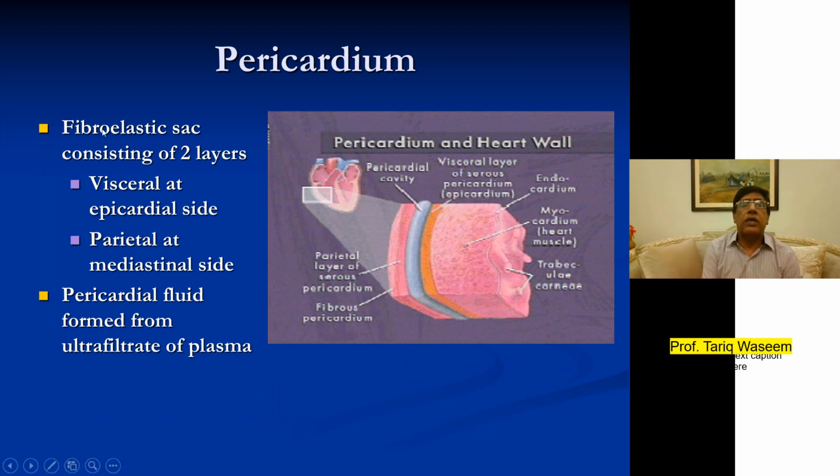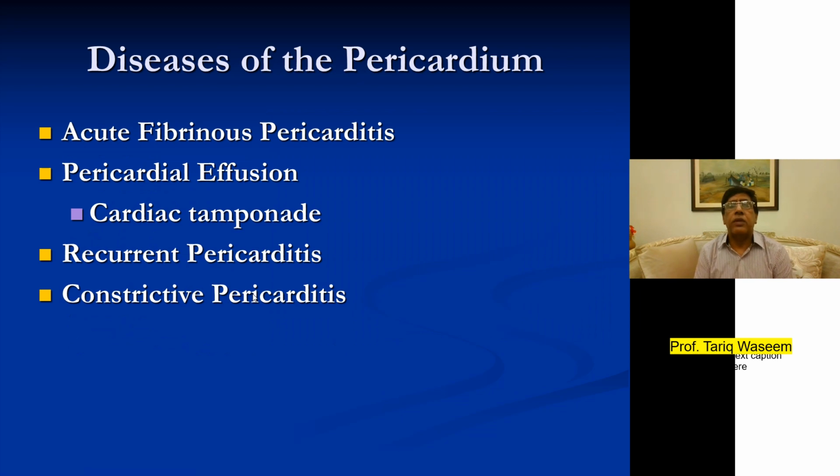Again, you notice that the pericardium is a fibroelastic sac with two layers. This one is the visceral layer, this one is the parietal layer, and this is the space in between. The ultrafiltrate of the plasma is the basic origin of the formation of this fluid in the pericardial cavity.